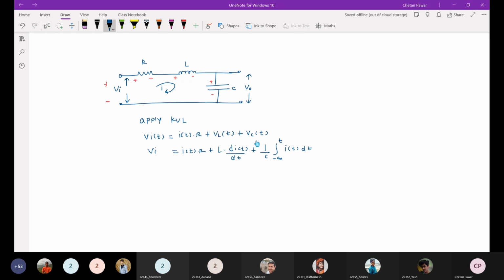Now if I want to convert this time domain equation to the S domain, I can apply the Laplace transform.